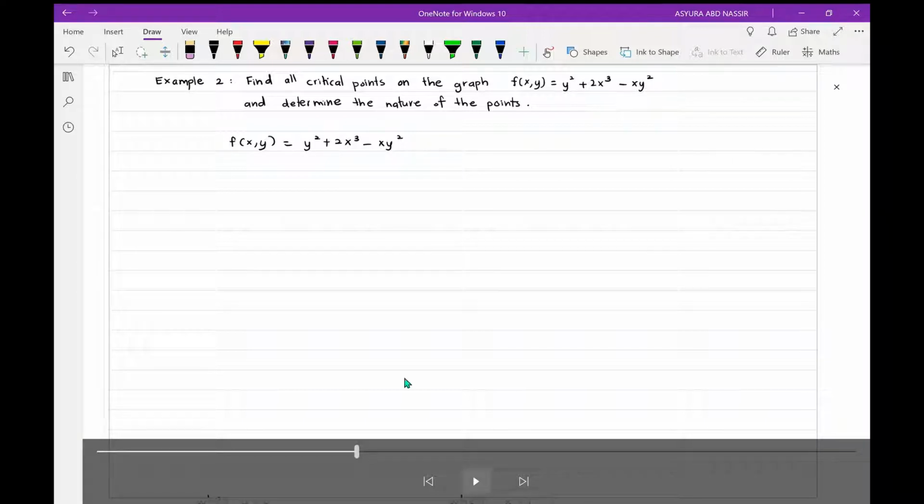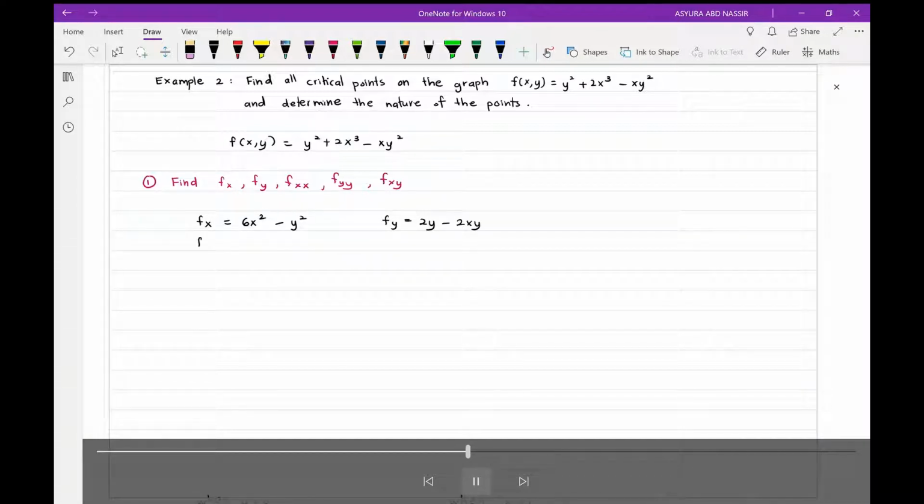For the first step, you will find fx, fy, fxx, fyy and also fxy. Your fx is 6x squared minus y squared. Your fy, differentiating with respect to y, you will get 2y minus 2xy.